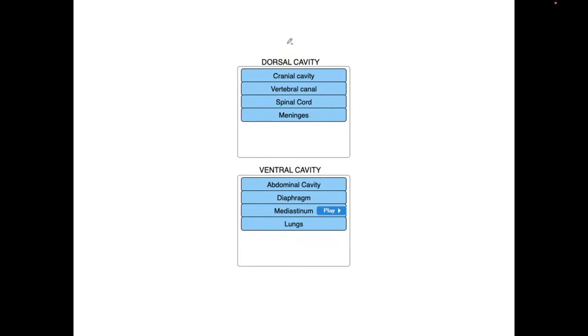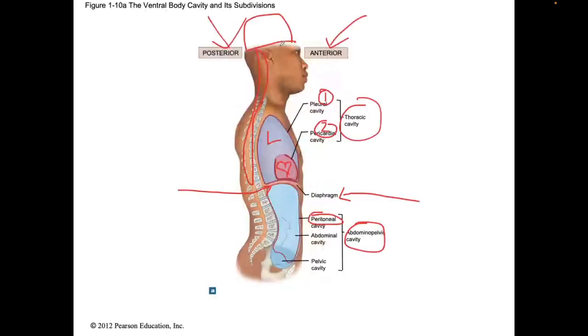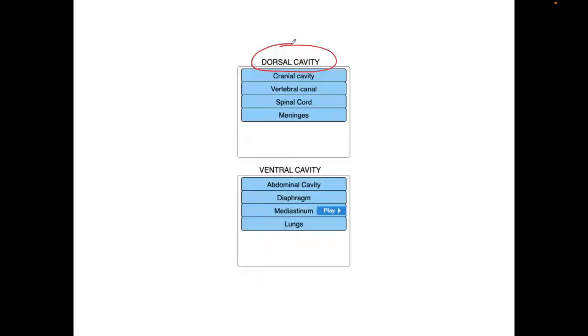So the dorsal cavity, which was everything back here, right, dorsal or posterior, that's going to have the cranial cavity for the skull, the vertebral canal, which is going to house the spinal cord, and around the brain and the spinal cord are the meninges. Okay.